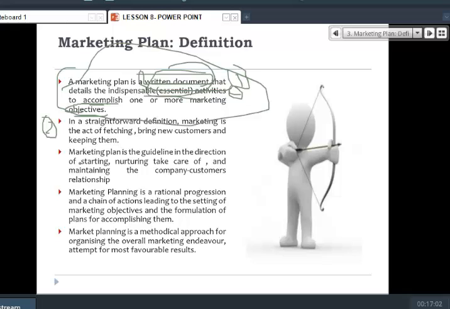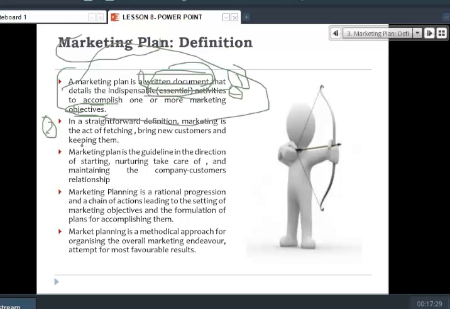The third one is that the marketing plan is the guideline in the direction of starting, nurturing, taking care of, and maintaining the company's customer relationships. So we can see that one of the main points for a marketing plan is repeated in every definition.